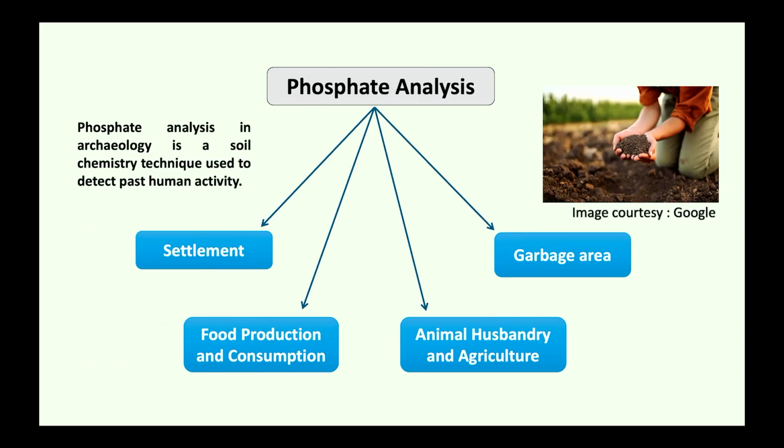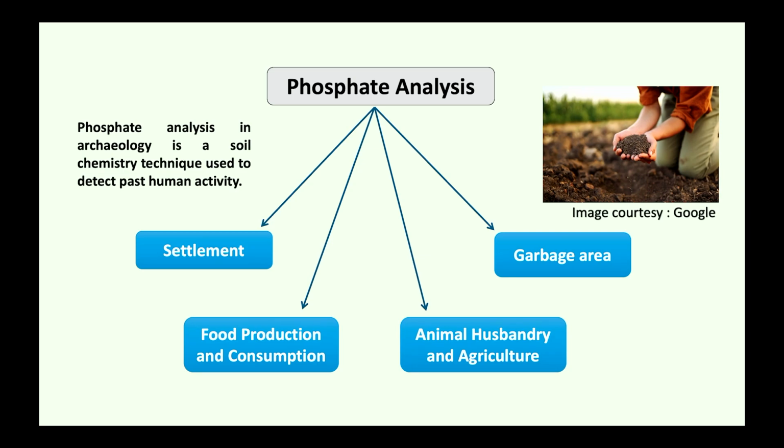The second method is phosphate analysis. Phosphate analysis in archaeology is a soil chemistry technique used to detect past human activity. On the basis of phosphate analysis, we can trace the settlement pattern of a particular site, how people were using and creating their own landscape, the habitational practices in a particular region, the food consumption area and the garbage area, and the paths made by the ancient people.